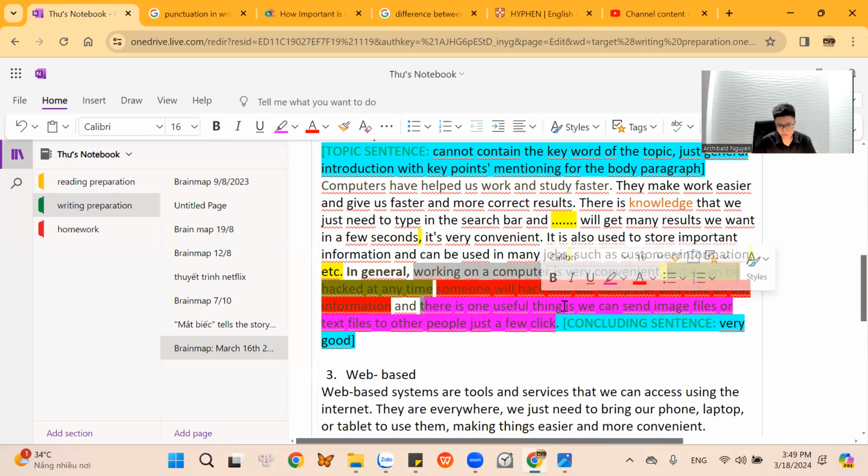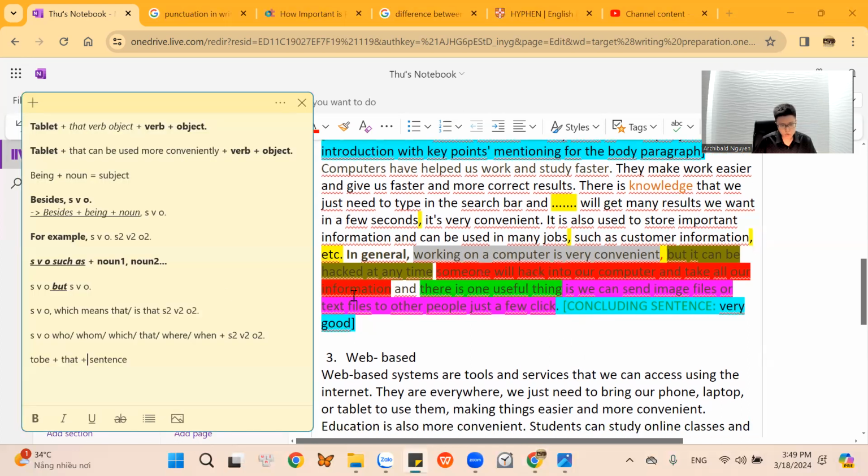If you want to add another sentence after this full sentence, you should use something like "which" or "who" at the end of the first sentence to begin a new sentence. Please remember this structure. And if you want to begin a new sentence after "to be", you should use "that".